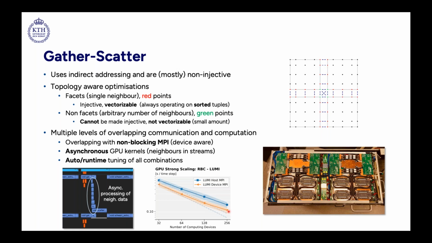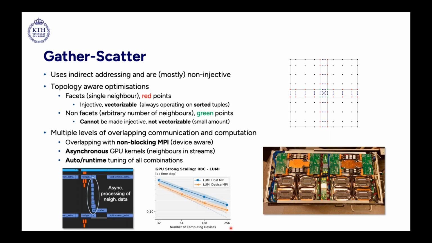But it turns out that it's not clear from the start, given a machine, given a problem, if all the pack or all the unpack operations should be asynchronous, or one should have synchronous or combinations with asynchronous operations for certain neighbors. So this is something that we also do at runtime by testing when you start the simulation to pick the fastest combination for a given problem, polynomial order, and now also machine topology and job allocation.